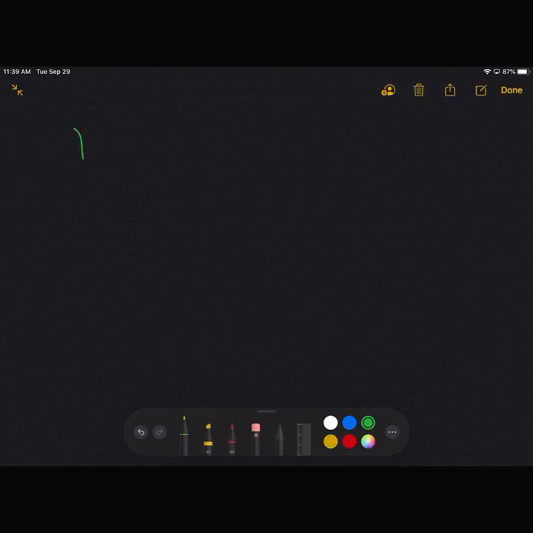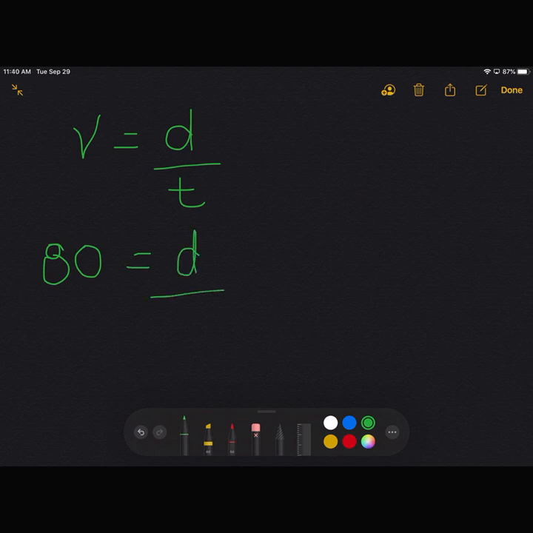So what do we got? We got V is equal to D over T. In our question, we wrote our D is 80, our V is equal to, our D we don't know, and our T is 0.15.